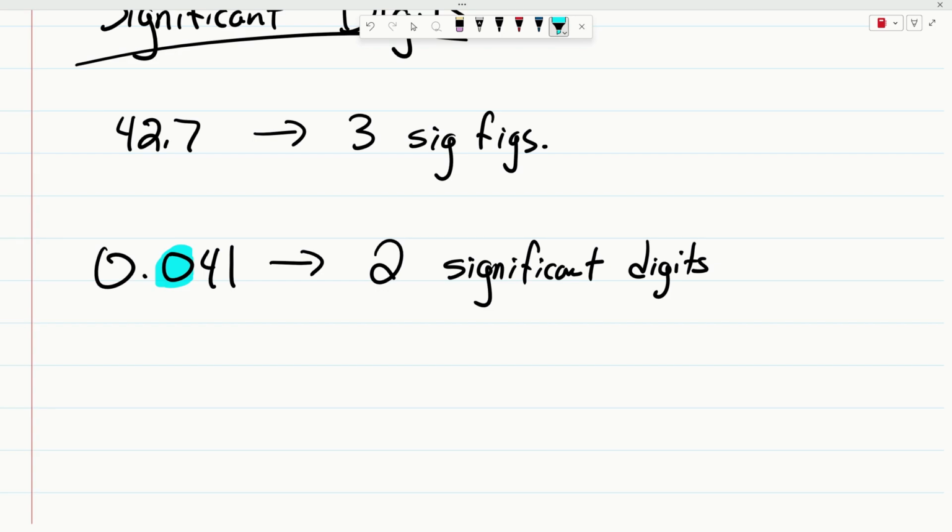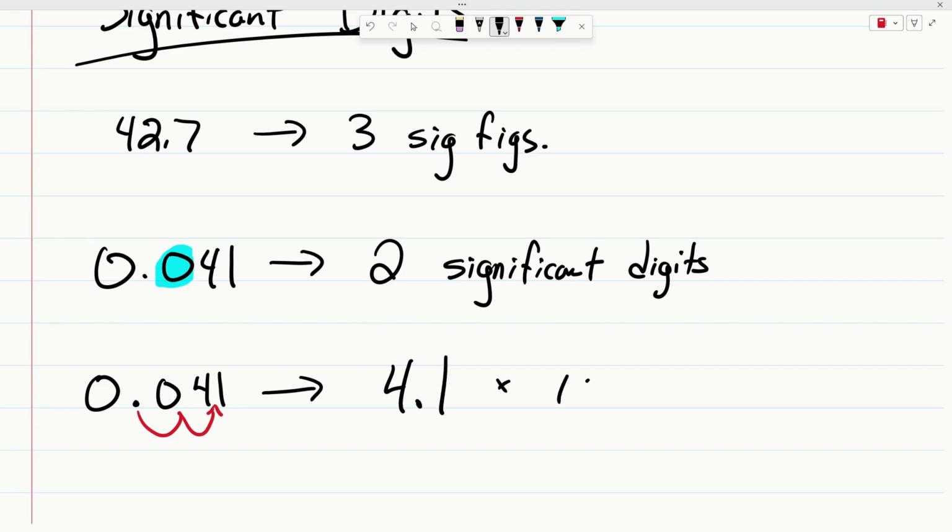And what I mean by that is if we were to take this number and convert it into scientific notation, so moving this decimal 2 places to the right, notice we would write it as 4.1 times 10 to the negative 2. And you can see there's only 2 numbers here. So that is why this only has 2 significant digits, the 4 and the 1.